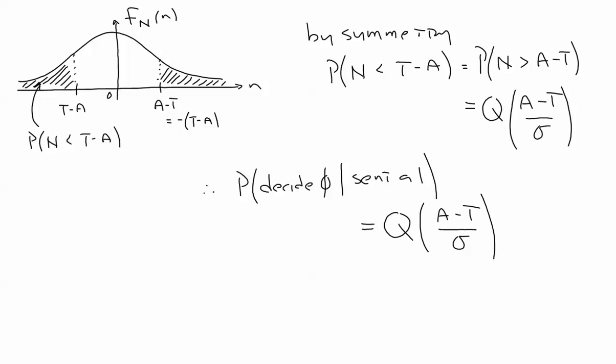All right? Let's go to the next page. We also need to know this. The probability that we decide that a 1 was sent, given that we sent a 0.